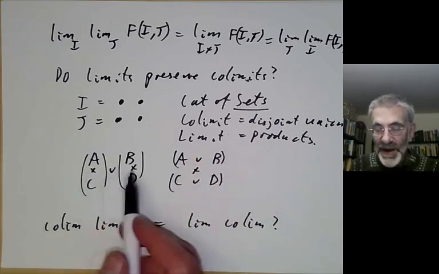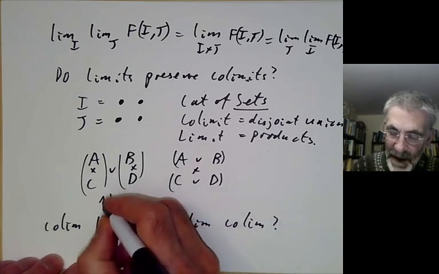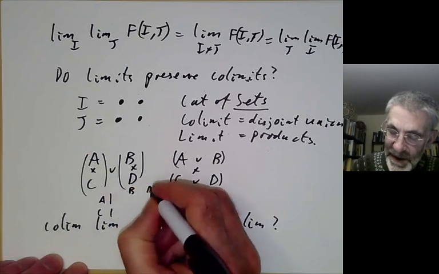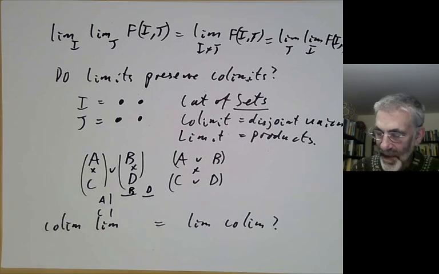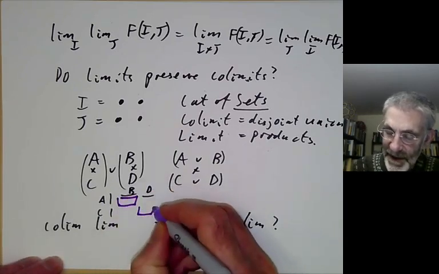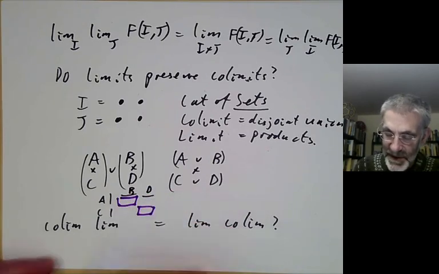And if you draw pictures of these, they are obviously not the same. For example, if I write A as a vertical line and C as another one, and B and D as horizontal lines, you can see that A times C union B times D is going to be this rectangle and this rectangle. Sorry, I mislabeled this.